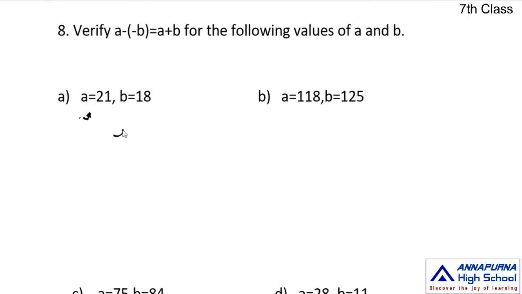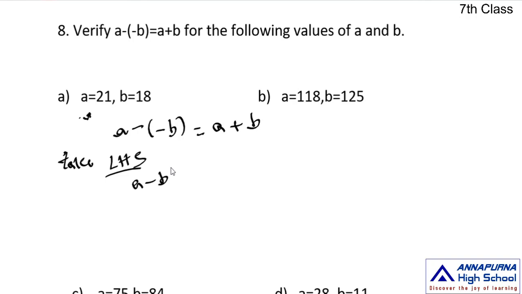The given is A minus of minus B is equal to A plus B. LHS is A minus of minus B. So if A is equal to 21, B is equal to 18, then we'll see what happens.